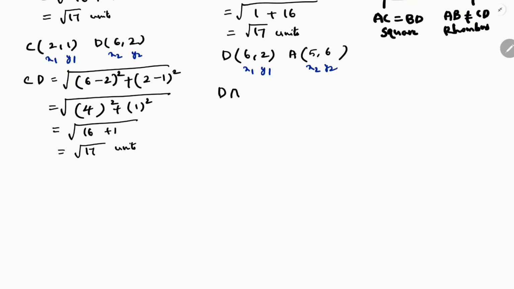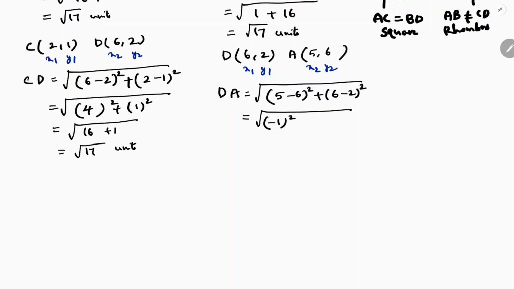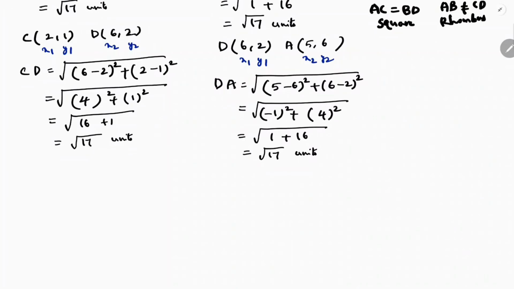DA equals under root (5 minus 6) whole square plus (6 minus 2) whole square. 5 minus 6 is minus 1, squared is 1. 6 minus 2 is 4, squared is 16. So root 17 units. See, now I've got all sides equal: AB, BC, CD, DA are all root 17 units.